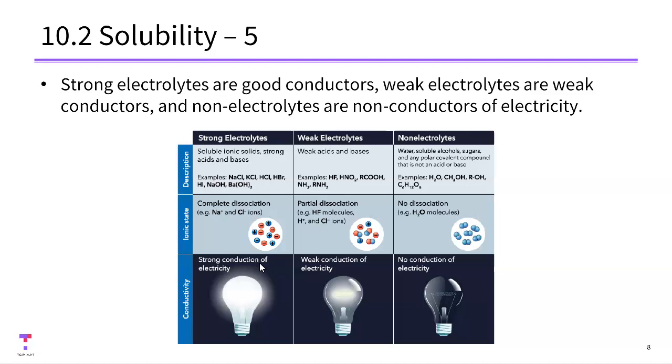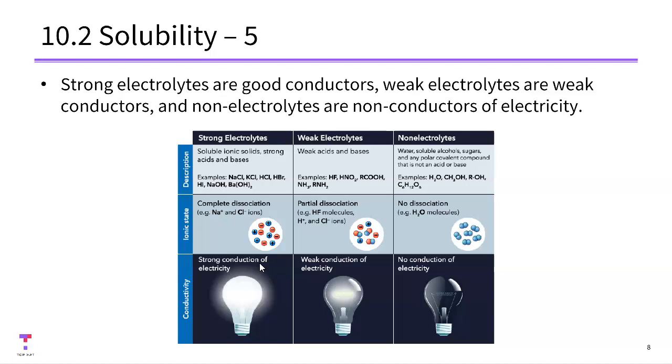In the middle here are the weak electrolytes. And we can see that the weak electrolytes, they do conduct. That light bulb is not out. It is dim, but it is not out. So it does conduct electricity, but not very well. And you can see that 95:5 kind of ratio here.